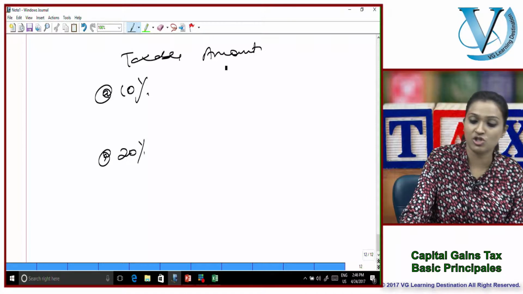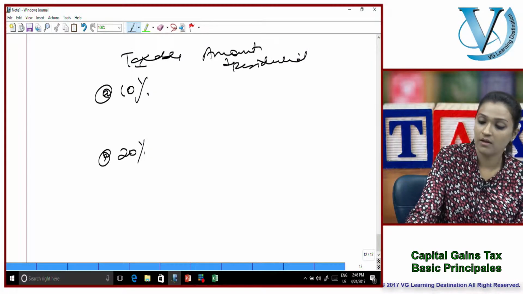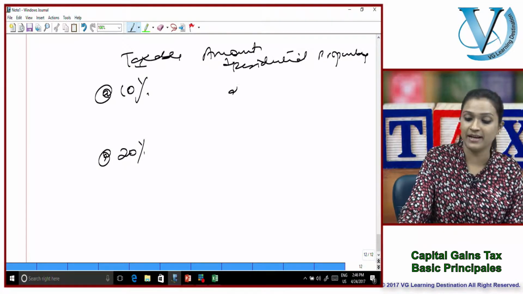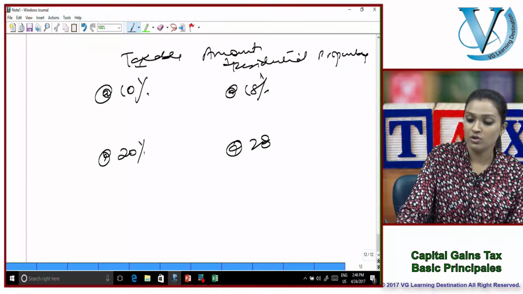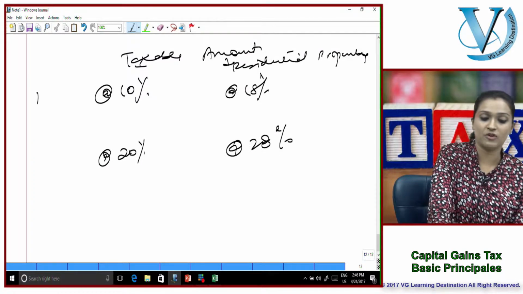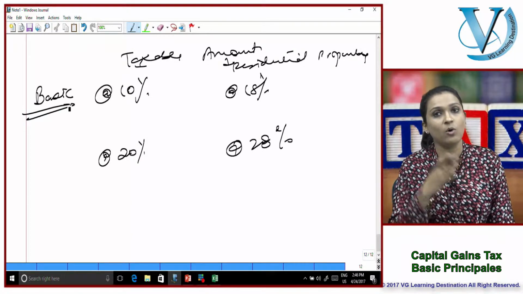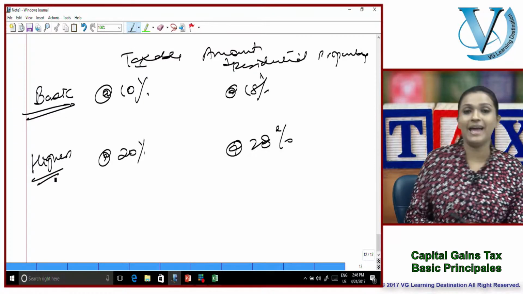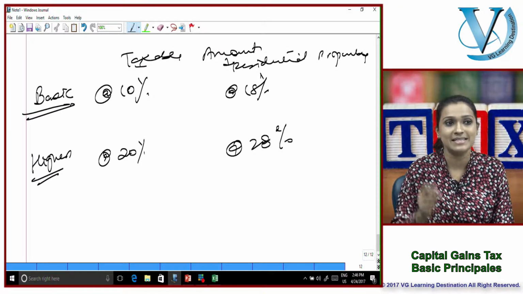If it's a residential property we're talking about, this rate changes to a basic rate of 18%, thereafter a higher rate of 28%. So, if you're a basic rate taxpayer, you pay 10 or 18. If you're a higher rate taxpayer, you pay 20 or 28% as capital gains tax.